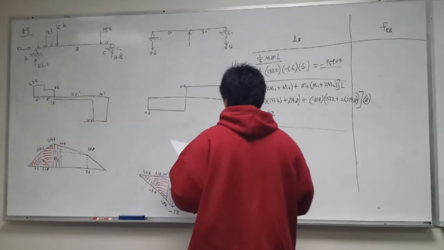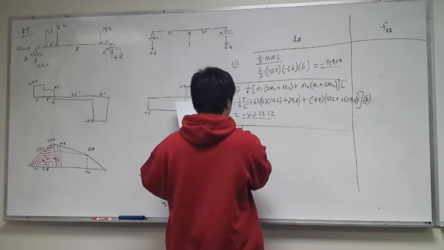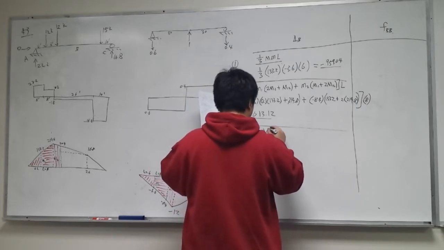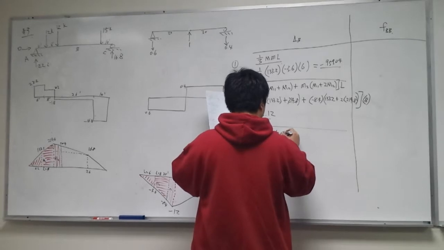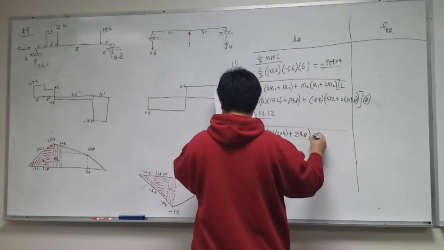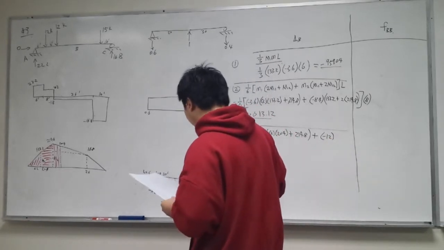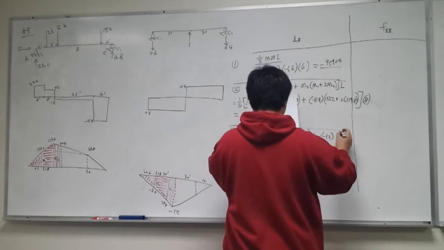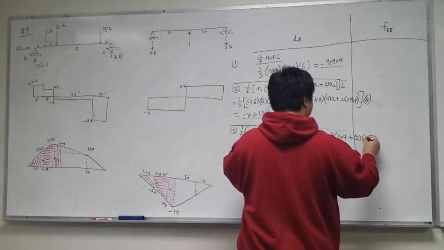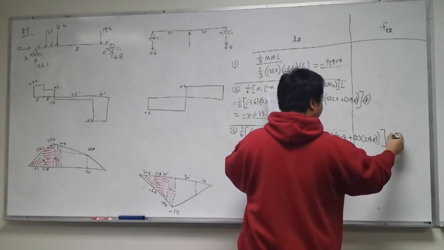So I'm just going to write numbers. 1 over 6 times negative 8.4 times 2 times 204 plus 214.8, plus negative 12 times 204 plus 2 times 214.8, times the length, which is 6.